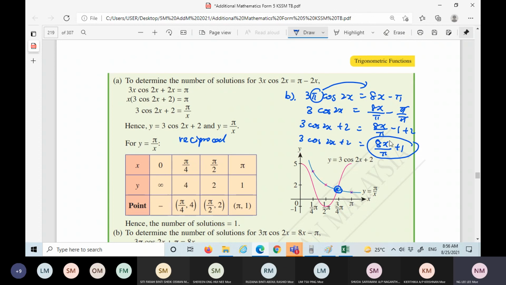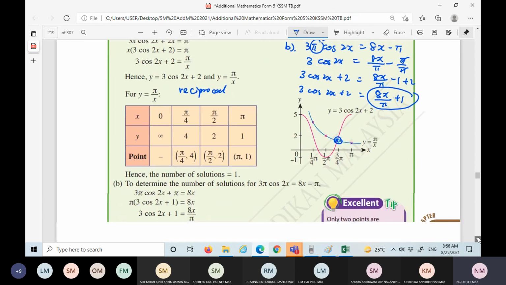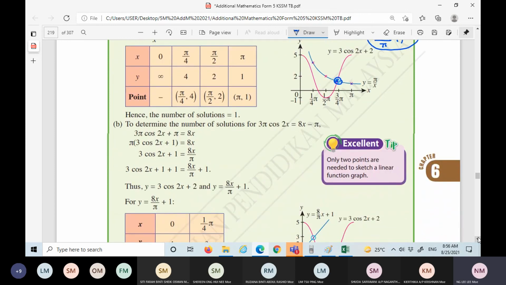You see the x is at the numerator, so this is a straight line. For a straight line, very simple: just get the first point and the last point of your range. So y equals 8x over pi minus 1 plus 2.